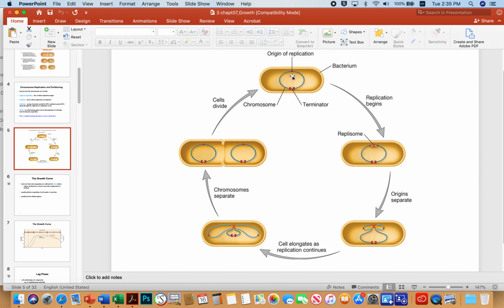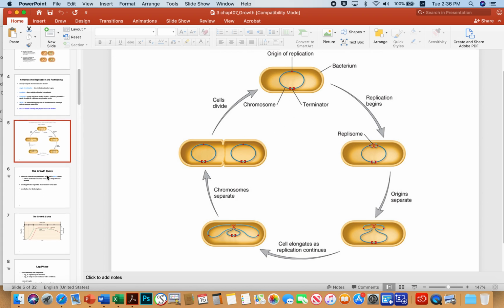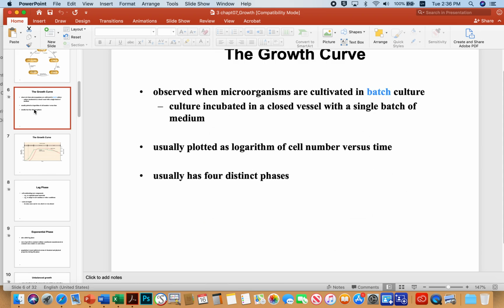Here's the origin of replication, and then the replication forks move out in two directions, and that's what you're seeing here, these two replication forks copying the chromosome in two directions. Eventually the cell septates, the two complete chromosomes divide into the daughters, and you end up with two daughters with exactly the right amount of DNA.